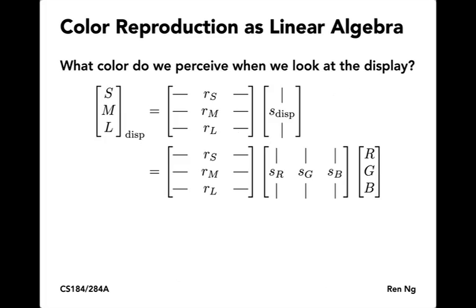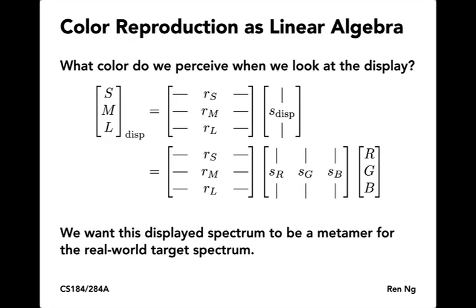So the SML response of the eye to the display is given by this top line, and we can expand the display into the components in terms of RGB. So now we have the SML response as a function of the input RGB, and all of these are constants, right? These are constants of the display and constants of the human eye. The next thing is we want this displayed spectrum to be a metamer for the real world target spectrum, right? We want it to look exactly the same to a human being.